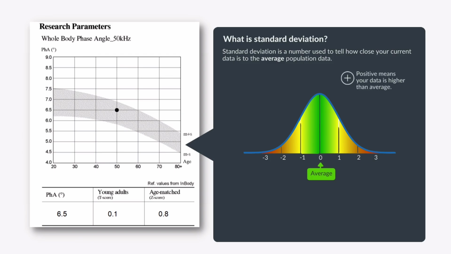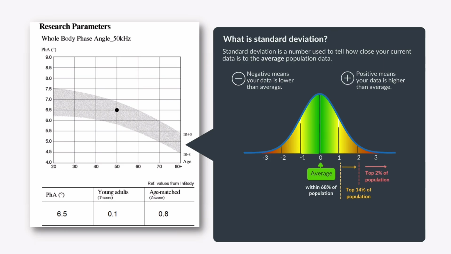A positive sign means your data is higher than the average population, while a negative sign means your data is lower. More specifically, if your T-score or Z-score is between -1 and 1, you are within the 68% of the population. If it is between 1 to 2, you are roughly in the top 14% of the population.